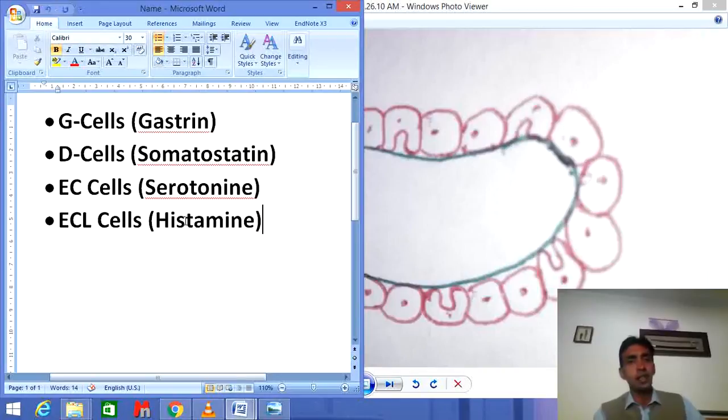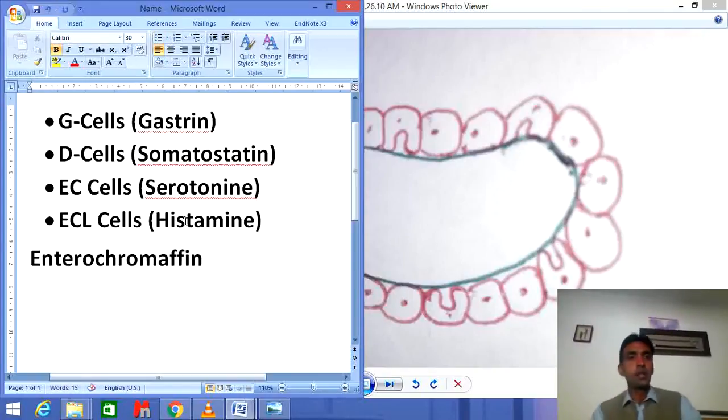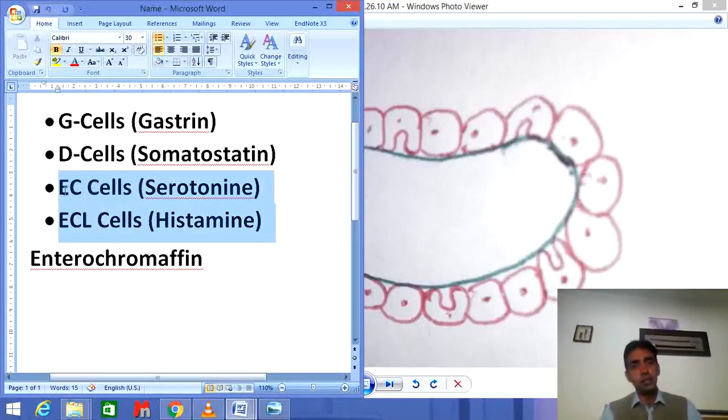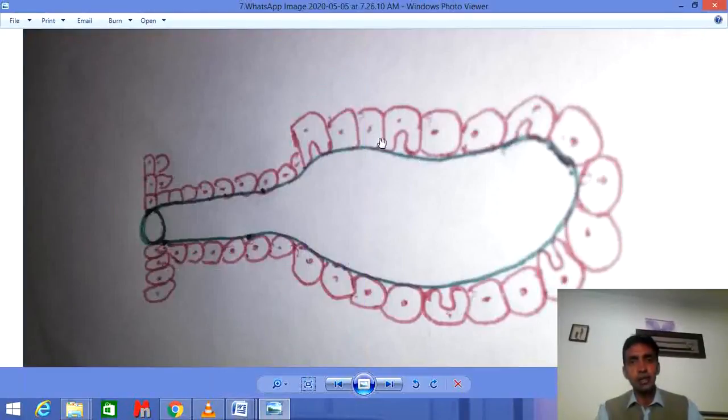EC and ECL, enterochromaffin and enterochromaffin-like cell. L means like. So both of these are paracrine cells, and these paracrine cells are responsible for the stimulation of the parietal cells.